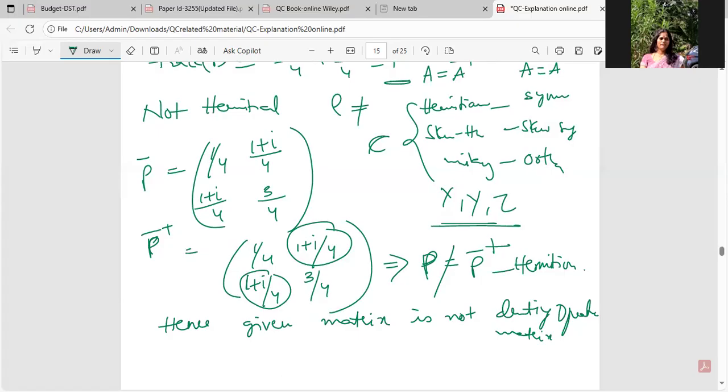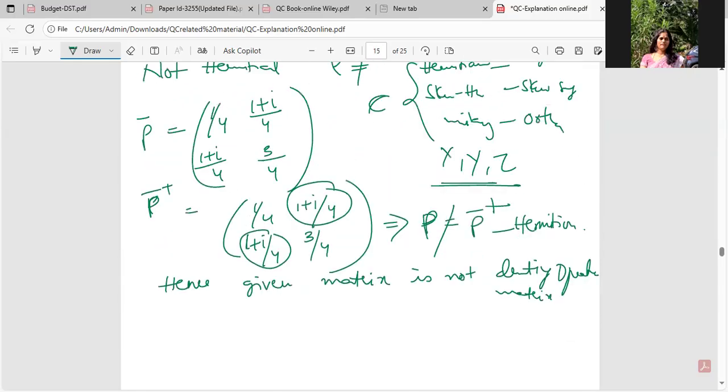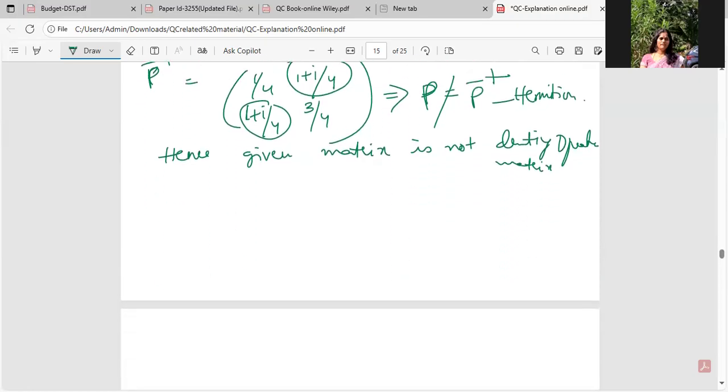So this is all about the density operators. Of course, not all about. There's one more point that I will say, that is an extension of a little more things about the density operator. If rho is given to me, then rho square is equal to rho.